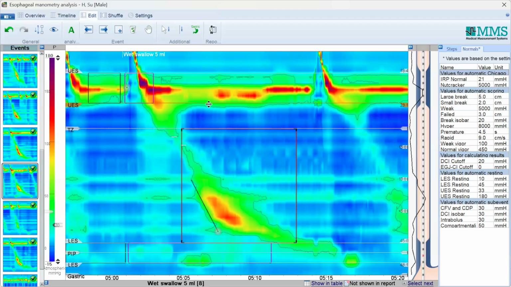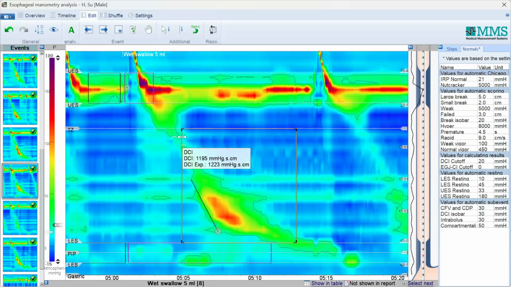Because sometimes maybe there is a mix-up. Maybe next time, especially in ineffective motility or achalasia, I will show you how sometimes the positioning of the DCI box or the IRP box may affect these numbers.